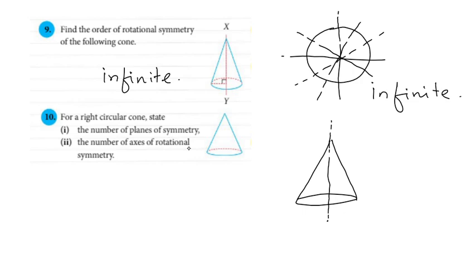So the number of planes of symmetry would be infinite. And for the number of axes of rotational symmetry, it is about the y-axis, so there is only one axis, so you have to write this as 1.